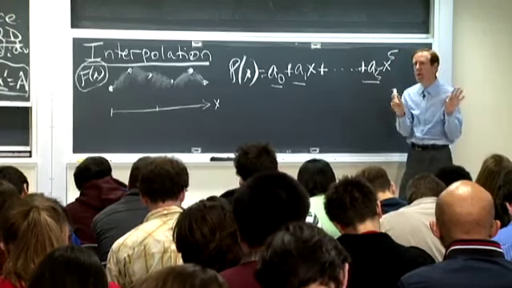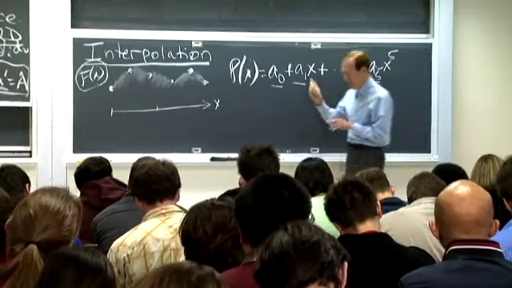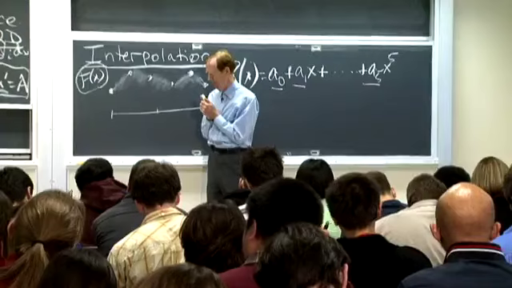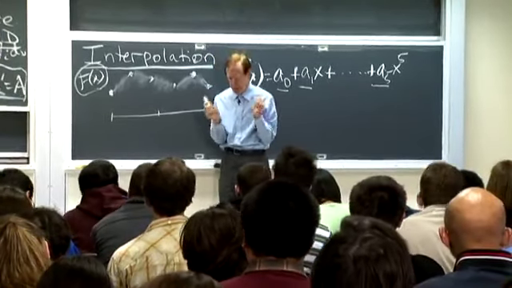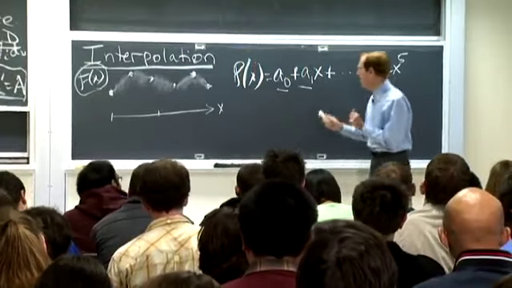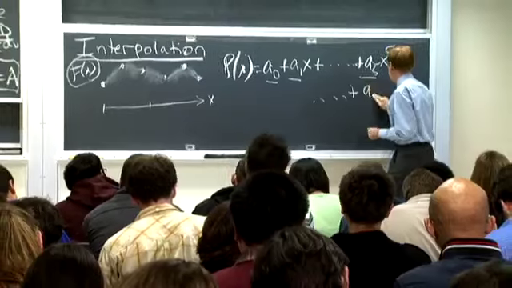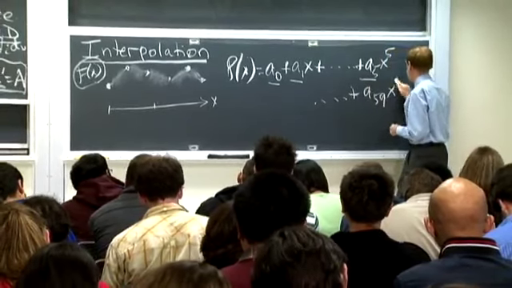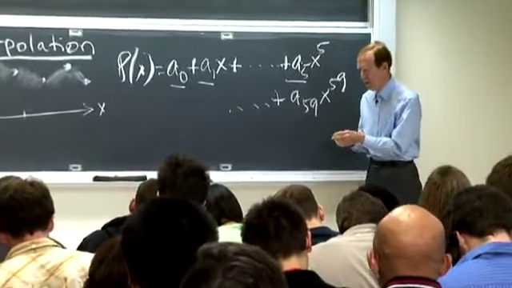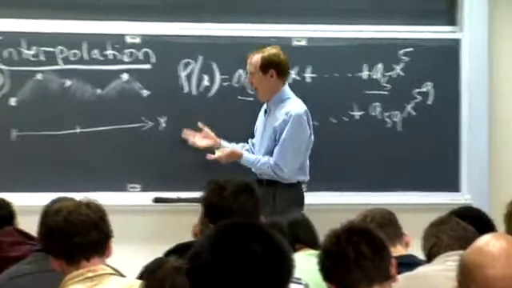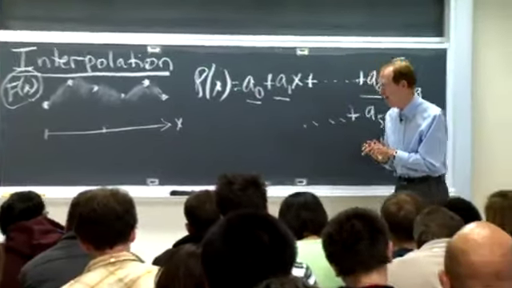Well, 6 isn't too bad. But if 6 became 60, don't do it. That's the message. Don't, if I'm going on up to, say, a59, x to the 59th, and that fits my 60 points. And you say, well, look, I've got 60 values. That should be way better than having only 6.